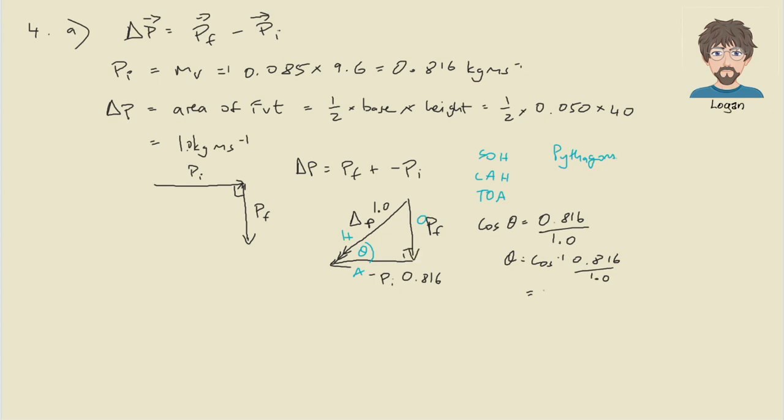So that's 0. Whoops. When you get dumb answers, make sure you think about them. 35 degrees to two significant figures. And the magnitude we've already been given. So we're going to have to try and give this in some useful way.